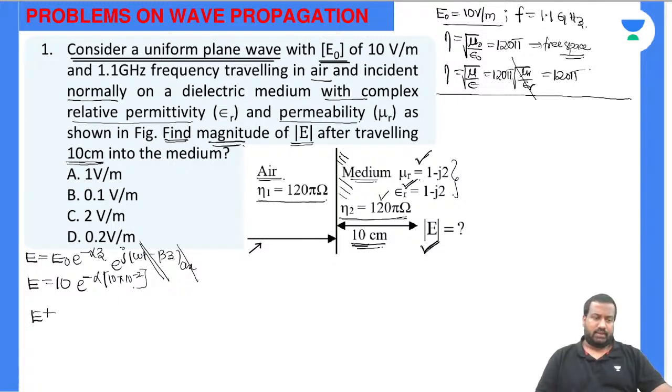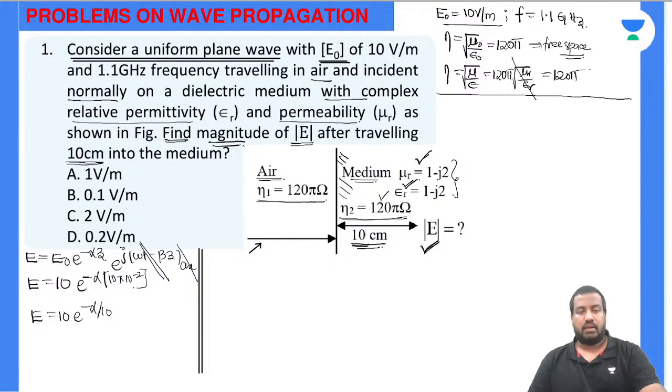That is E is 10 into e power minus alpha by 10. So if you know alpha, your work is done. Everyone try to find the value of alpha and substitute here. If you know alpha, this problem is done. Try to find the value of alpha.